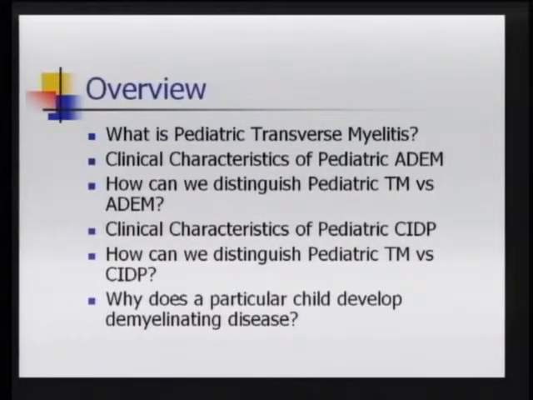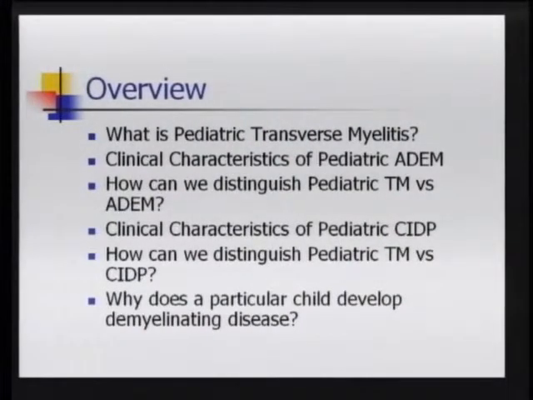And then we're going to try to contrast that with the clinical characteristics of pediatric ADEM. And then finally, we're going to try to look at the clinical characteristics of pediatric CIDP, or essentially chronic Guillain-Barré in children. And then how can we distinguish pediatric TM from CIDP?